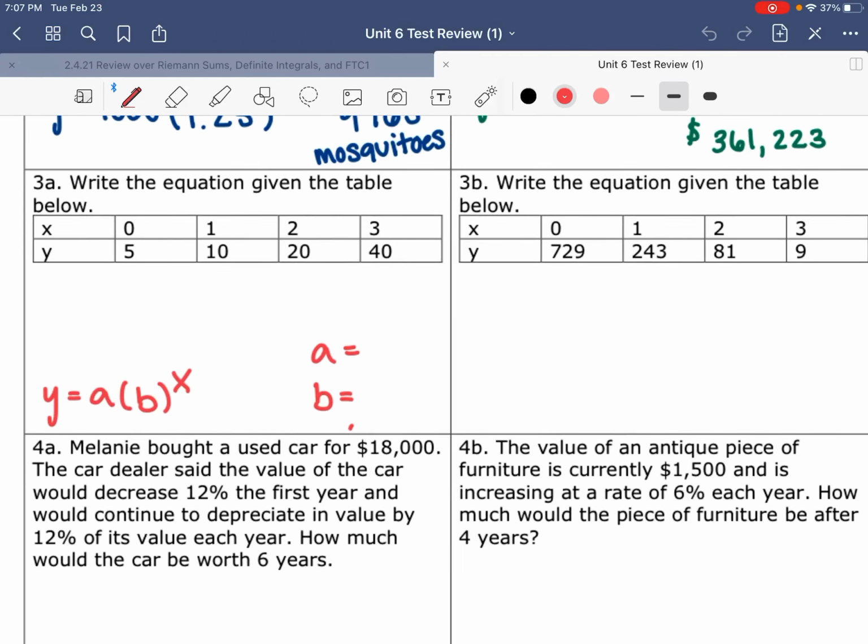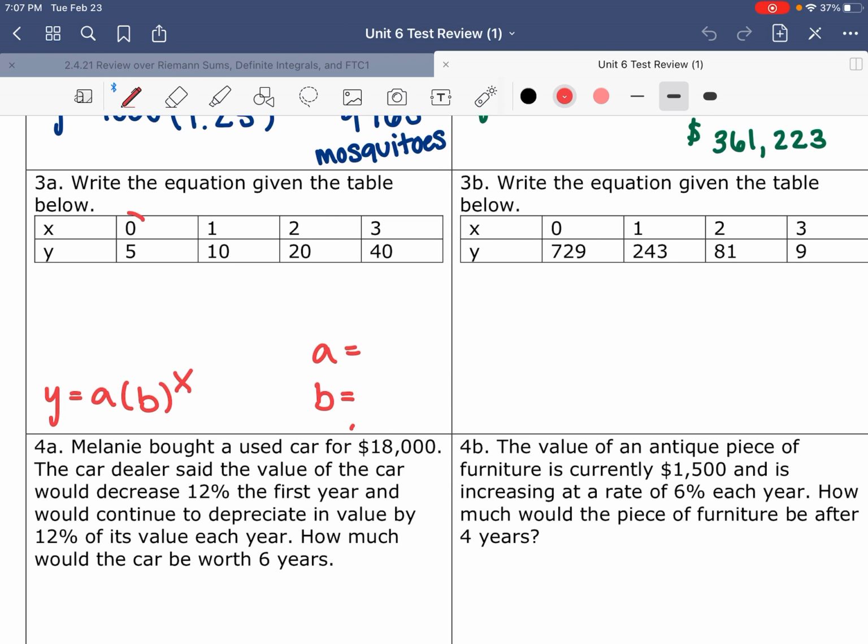Okay, so a, that's going to be our y-intercept, and we know that the y-intercept happens when x equals 0. So when x equals 0, y equals 5, and that means a is 5. Now to find b, I need to see how much we're multiplying to get from one to the next on all of these.